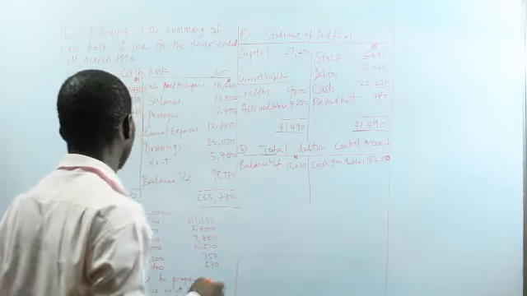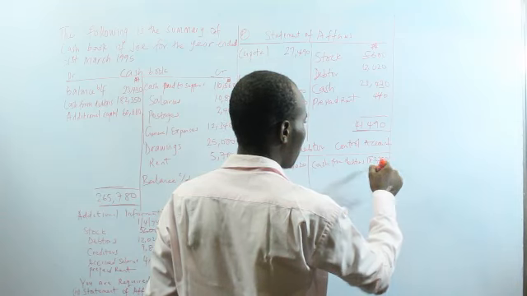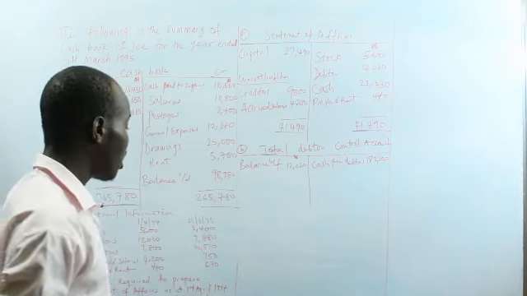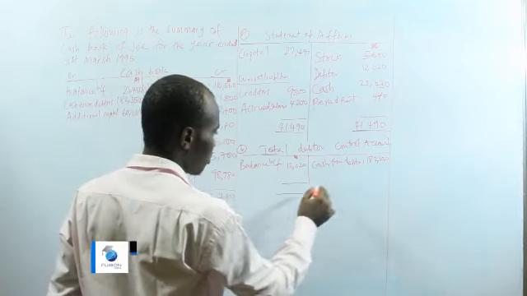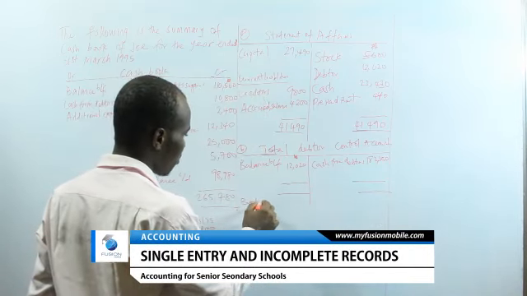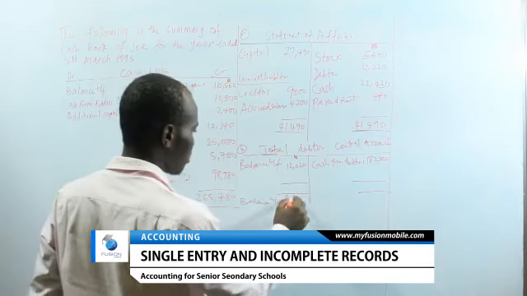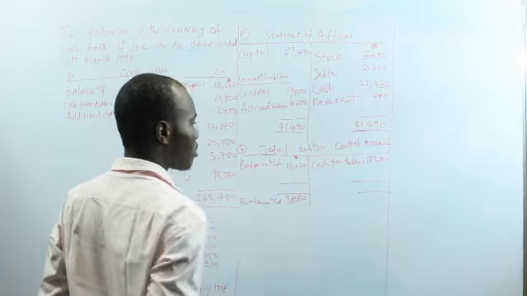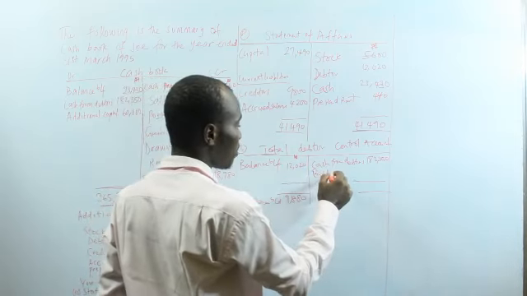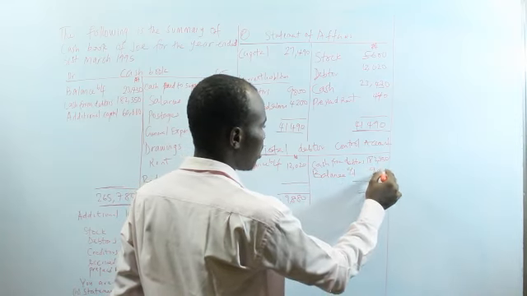Also we are given the closing balance of debtors, which is 9,880. So for us to have it as balance brought down, the closing balance of debtors carried down must have been here, 9,880.